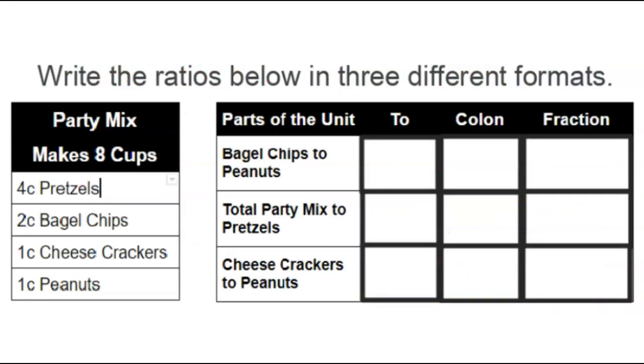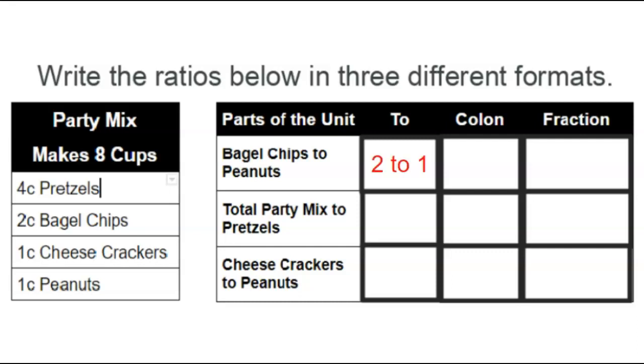On the back, it says write the ratios below in 3 different formats. We have that the party mix makes 8 cups. We have 4 cups of pretzels, 2 cups of bagel chips, 1 cup of cheese crackers, and 1 cup of peanuts. We can view these as word format, colon format, and fractional format.